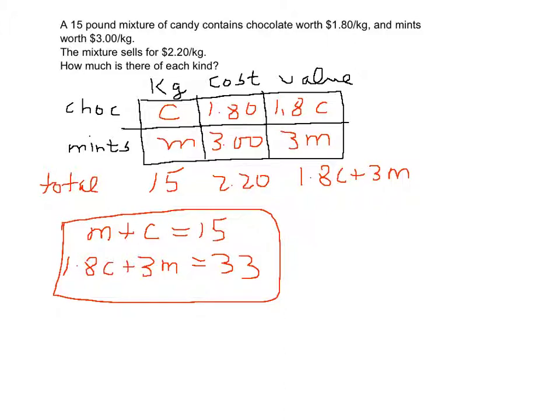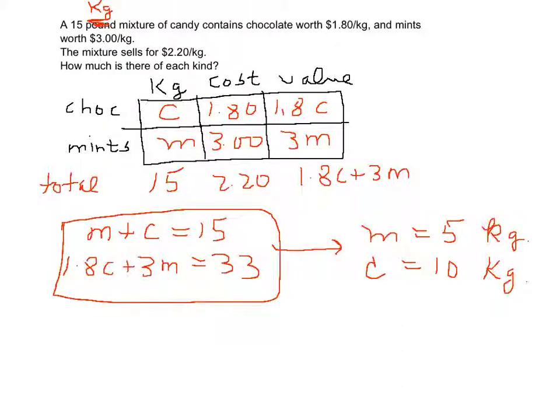Once again, it looks like substitution is the best way to solve this. We've practiced a bit, so I'll let you work on this. But what you should get is that M is equal to 5 and C is equal to 10. And those are measured in kilograms. So let's go up here and change that to kilograms just so that we stay legit.